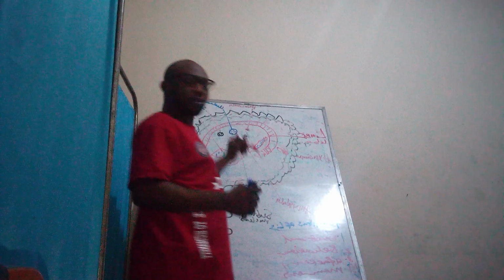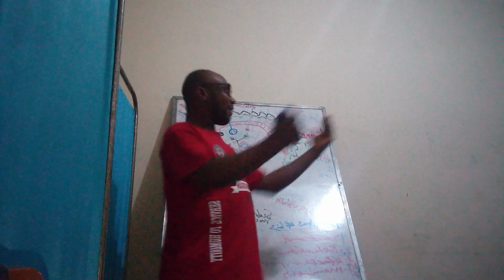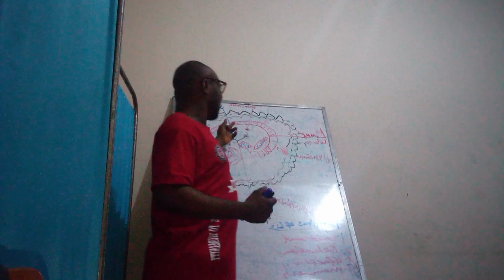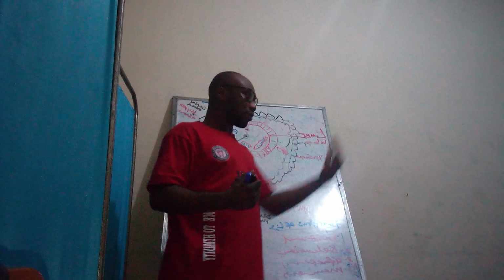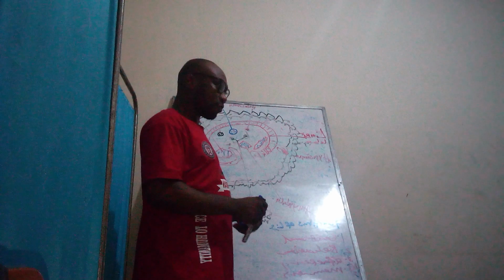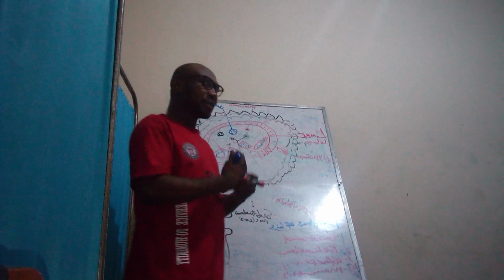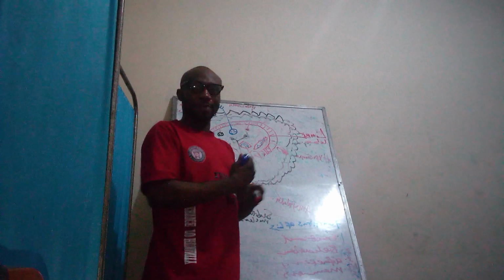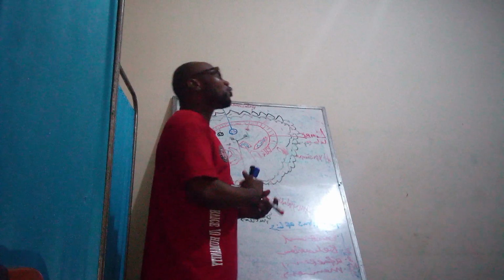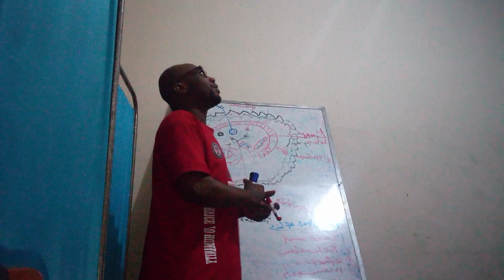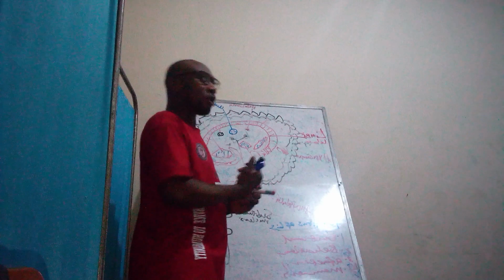The cingulate gyrus is like an afferent part of the brain. Afferent means it helps in the reception of information from the cerebral cortex, or basically from the sensory receptors or the sense organs like the eye, the nose, the ear, the skin. Basically, we have five of them, including the tongue.